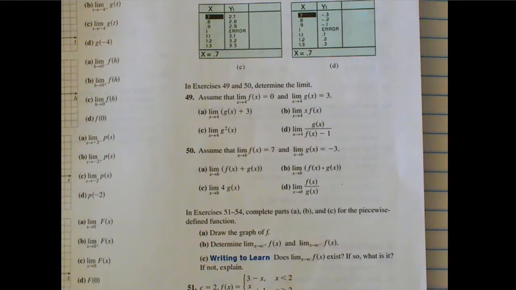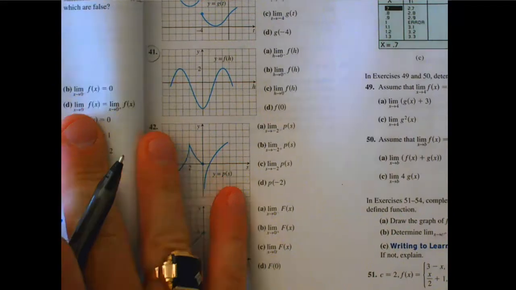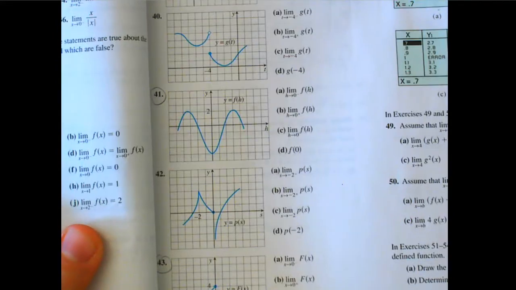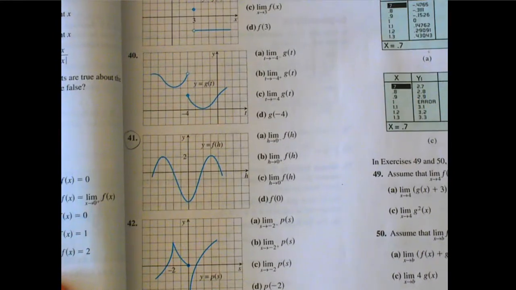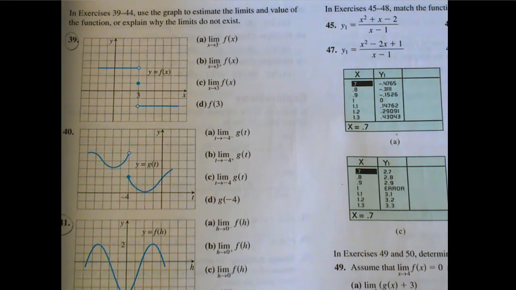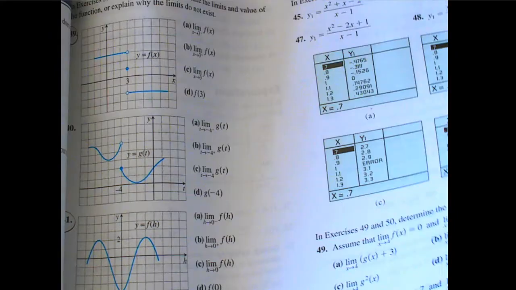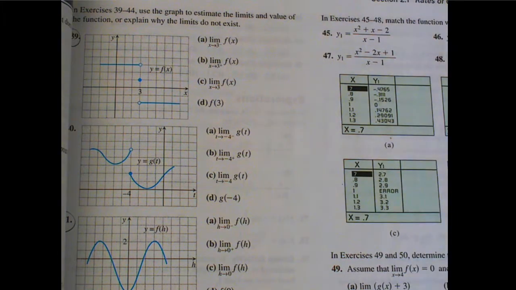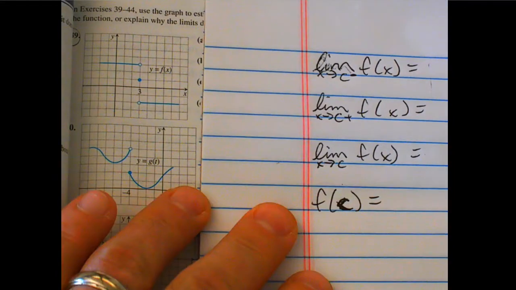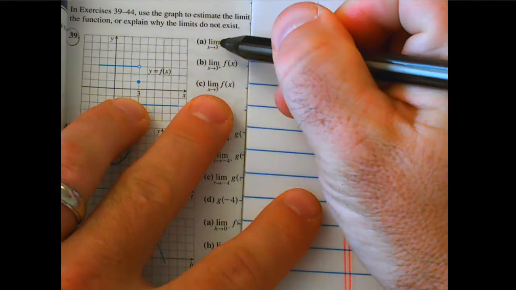All right, cool. So I'm looking at number 39 right there. That function, I know that it is discontinuous at the point x equals 3. And why is it discontinuous? Because I run through these four questions.